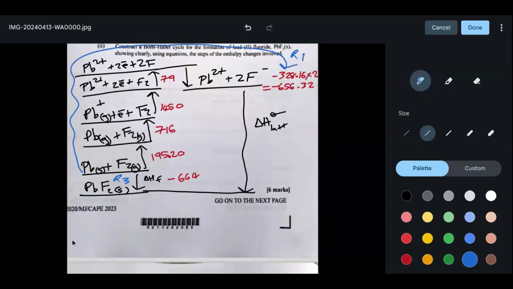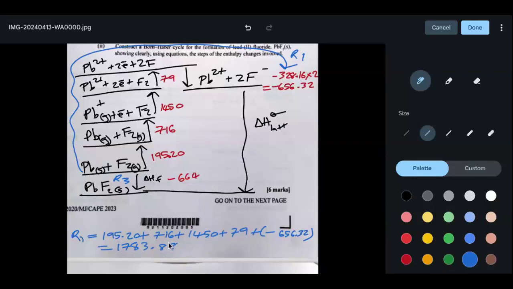So R1 is equal to 195.20 plus 716 plus 1450 plus 79 plus negative 656.32, and that gave me 1783.88.